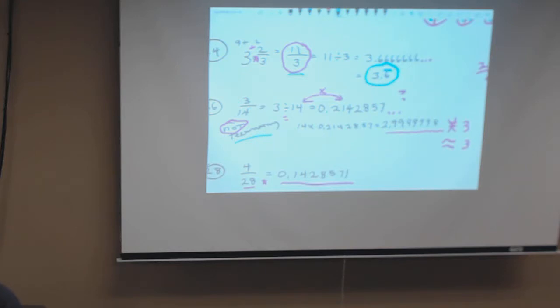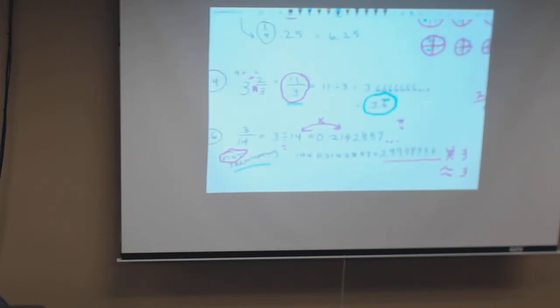So I take what's on my screen, 2.142857, then I take that times 14, and I don't get 3. I get 2.99999. So that means this thing did not terminate.